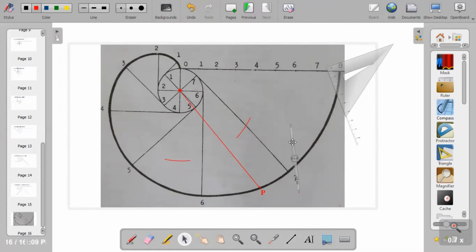Then take it to point P. Strike another arc to cut the first one above. Repeat it below.